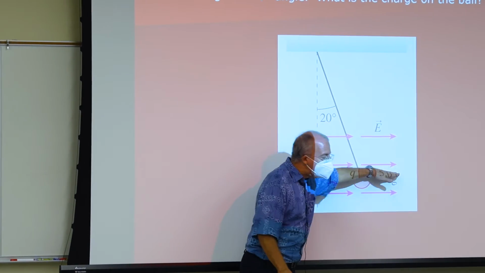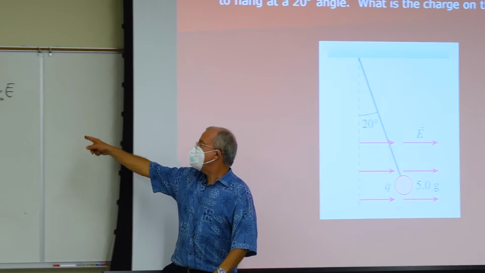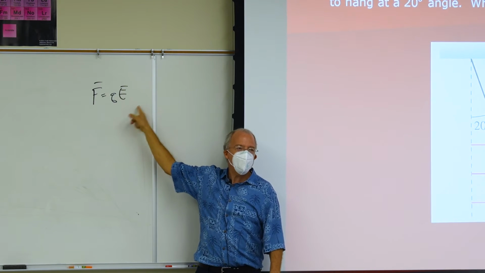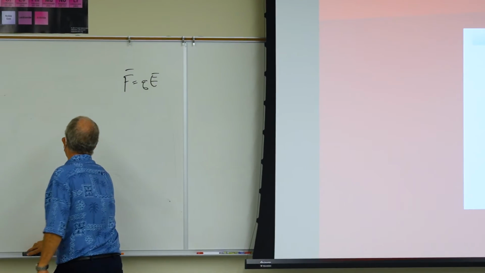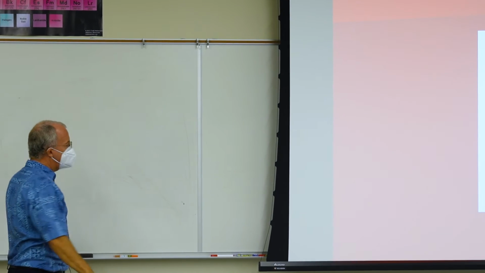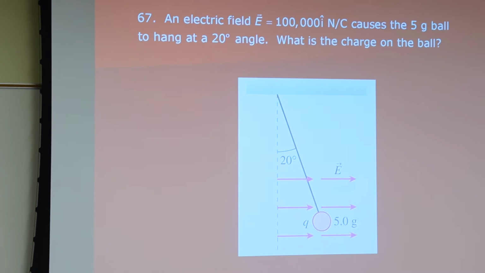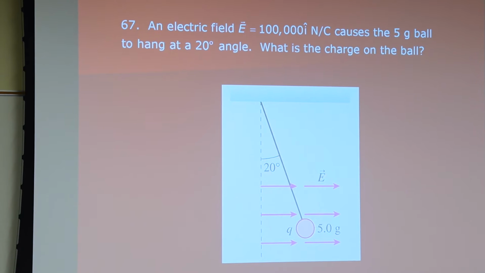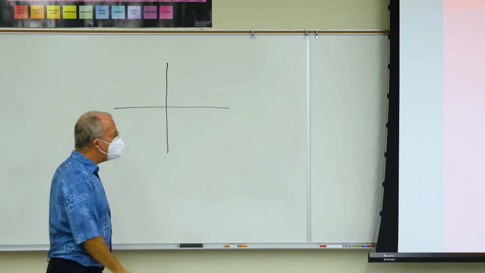The E field is to the right, so it has to be a positive charge, right? So remember the other day I told you we're going to use this a ton? First example, all right? We're really going to use this a lot, so you really want to remember it. Okay, so right away, we know that the charge is positive, okay? All right, so let's just do it. Okay, so this is a force diagram, right? So, golly, are we experts at this or what? Okay, so what's the object?